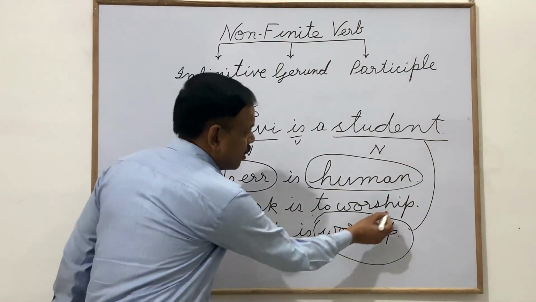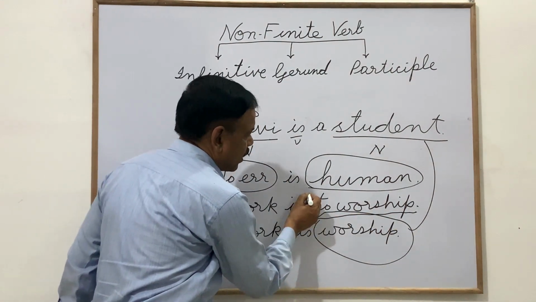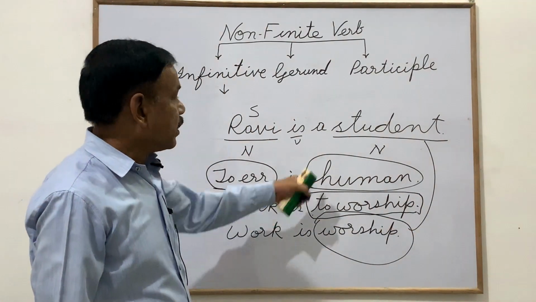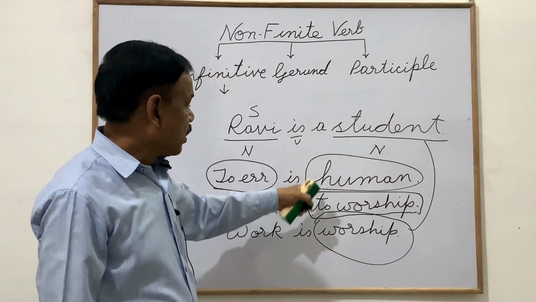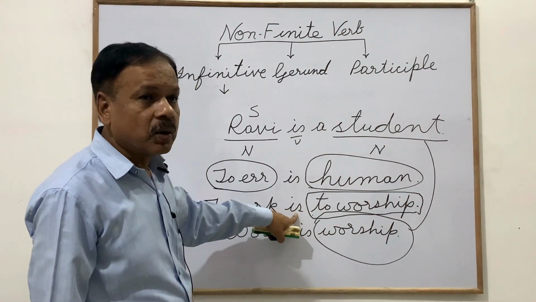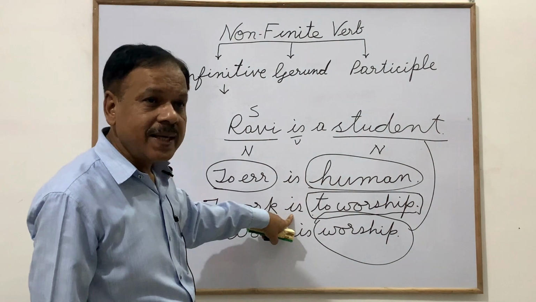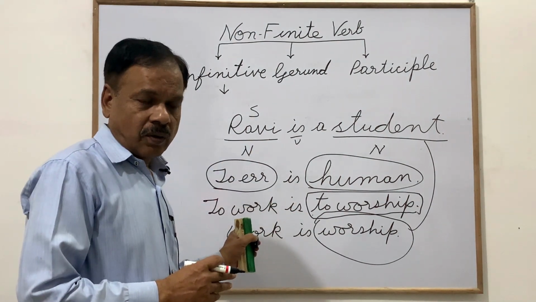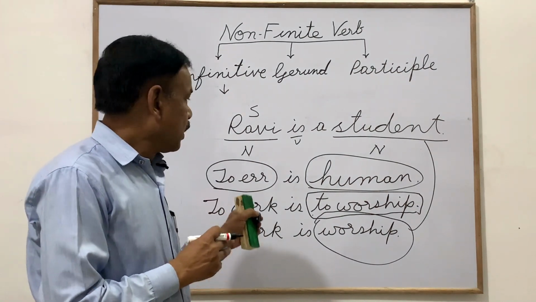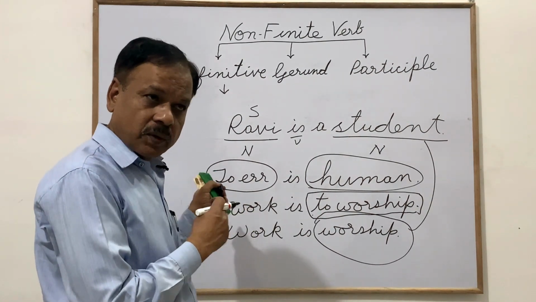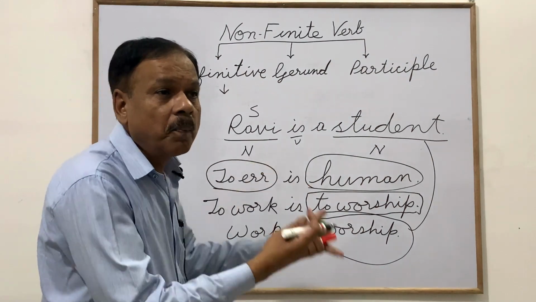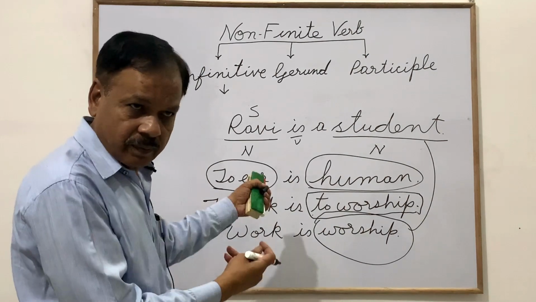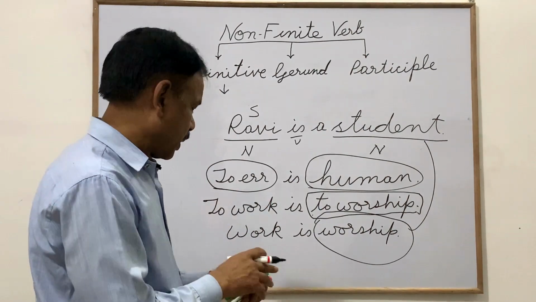In this sense, this to worship is an infinitive, and it's a complement of the verb is. So we have two functions of infinitive over here: one, as a subject of the verb, and two, as a complement of the linking verb is. Got it? Okay.